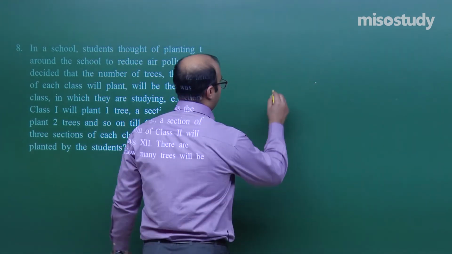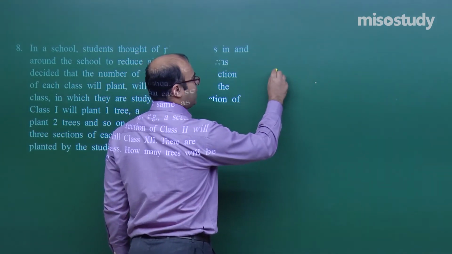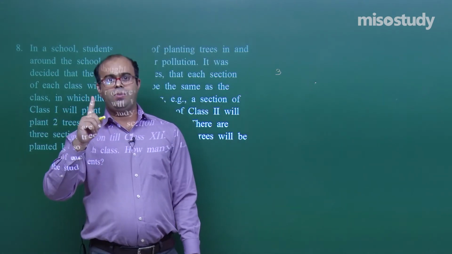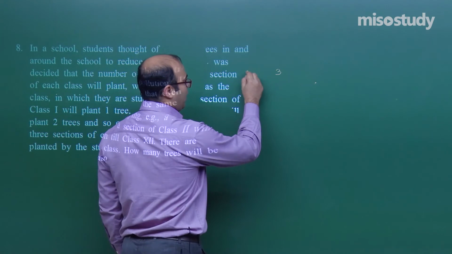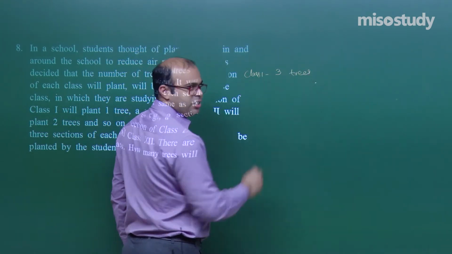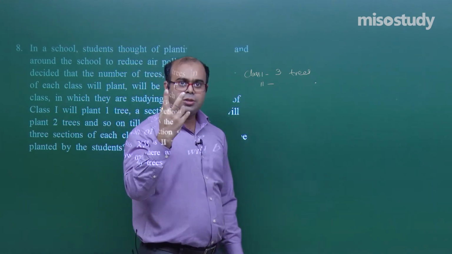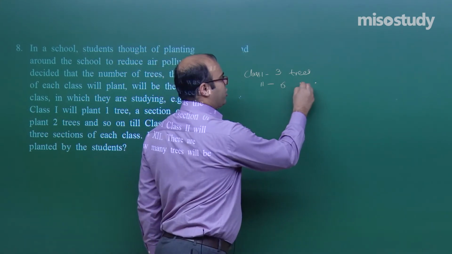So we have class 1 and each class has 3 sections. Since each section of class 1 will plant 1 tree, the 3 sections will plant 3 trees. Class 2 will plant how many trees? 2 trees by each section. Since there are 3 sections, 2 into 3 will be 6 trees.